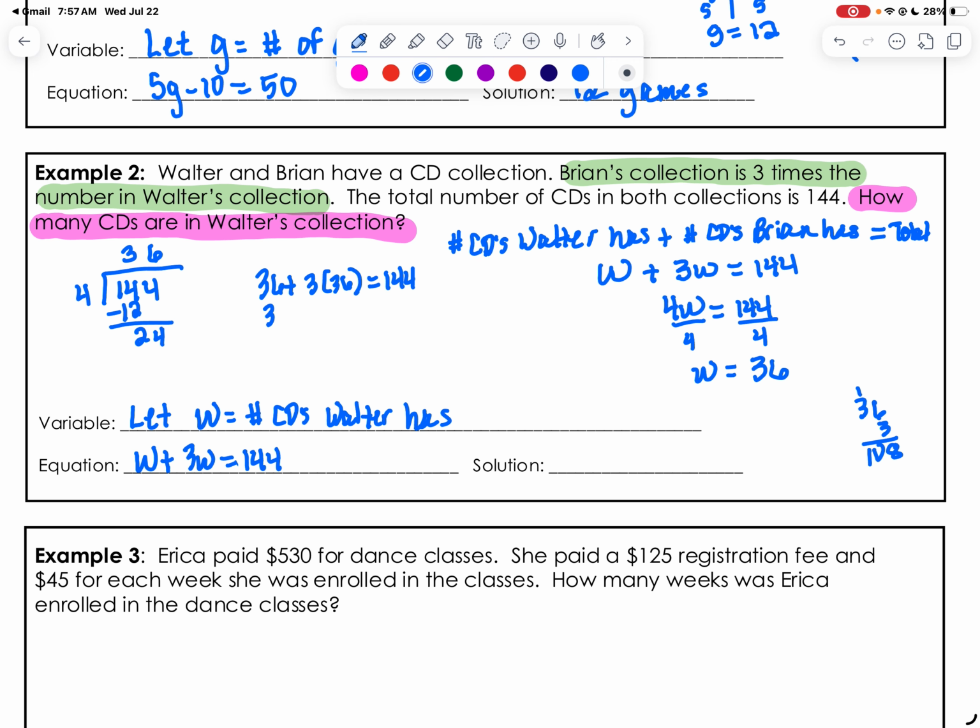So 36 plus 108, does that equal 144? All right. So 108 plus 36, that's 144. Yes, so that definitely checks out. So Walter has 36 CDs.